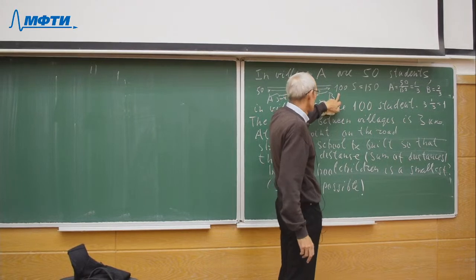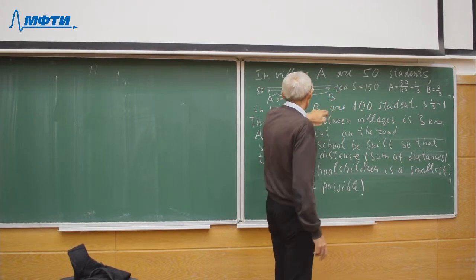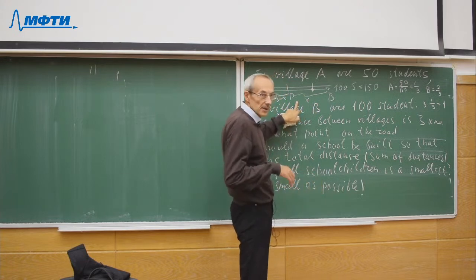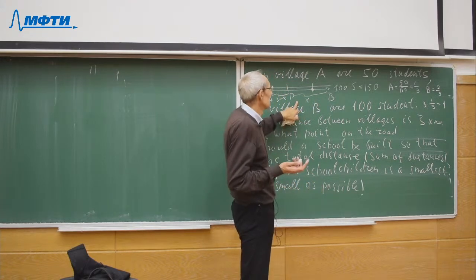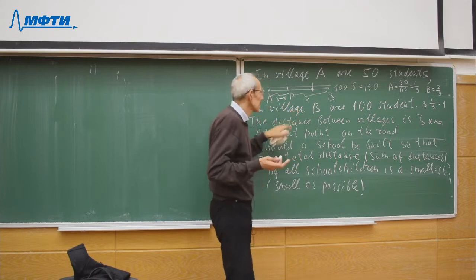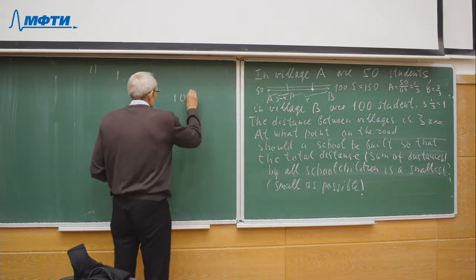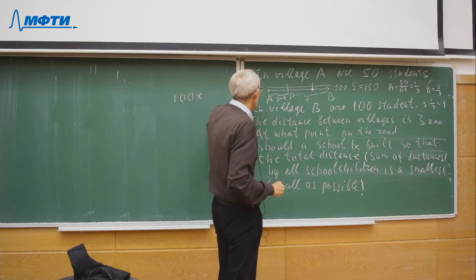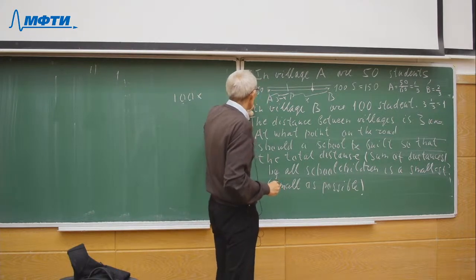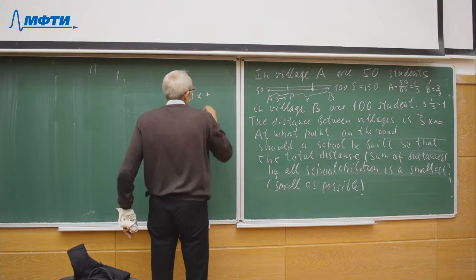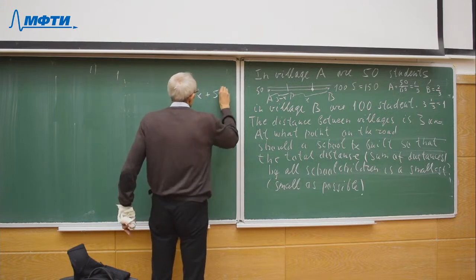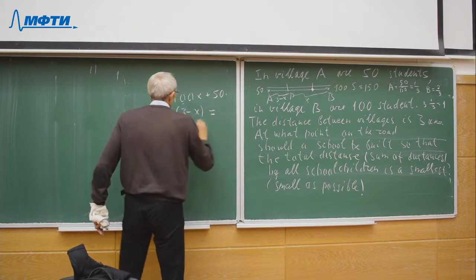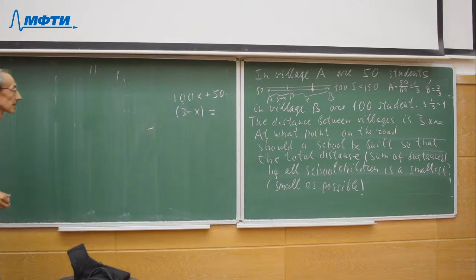We have 100 students, and each traveled distance x, and the sum of distances is 100x. Here 50 students, and all distances 50 multiplied by 3 minus x.